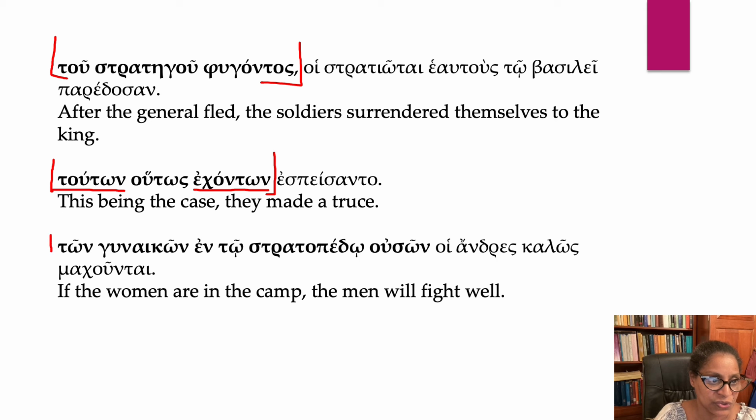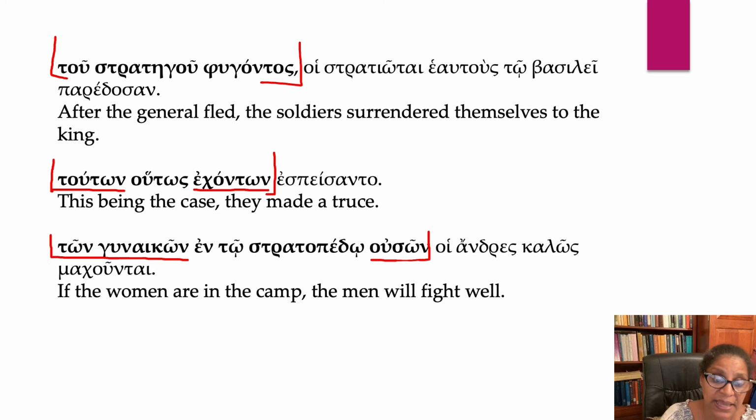Another one, tōn gynaikōn. Here's your noun in the genitive, followed by en tō stratopedō ousōn, a matching participle in the genitive of the verb to be. So, hoi andres kalōs machountai. So here we could translate it conditionally: if the women are in camp, the men will fight well, right? Could be: although the women are in the camp, the men will fight well.